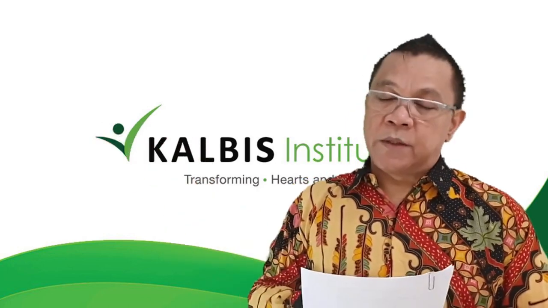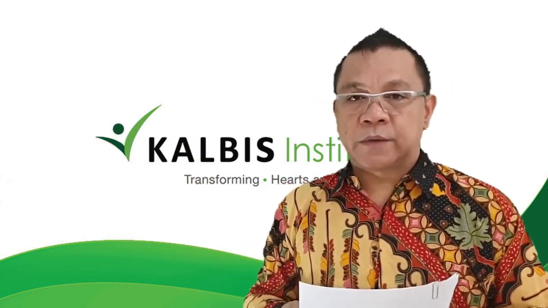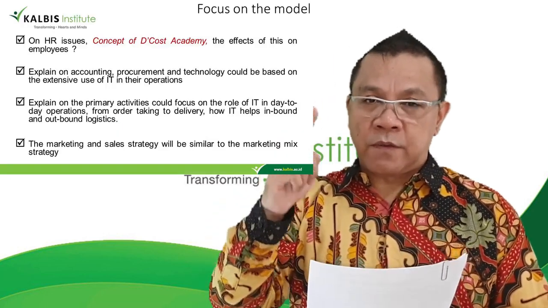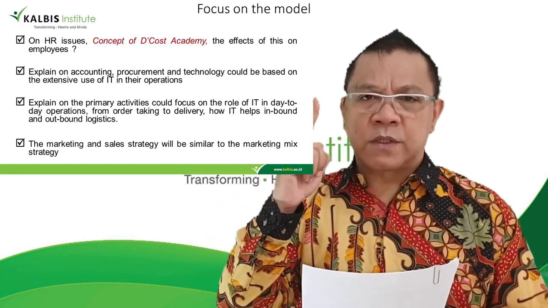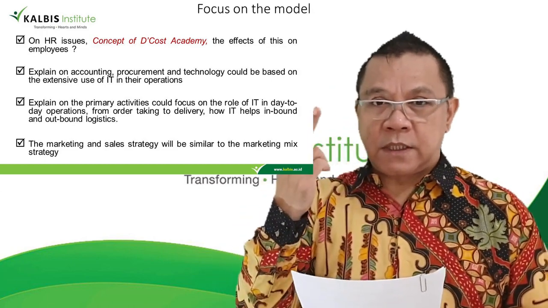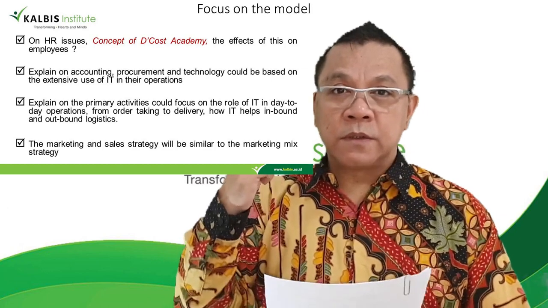Okay. In this case, of course, we will try to focus first on the SR issue, because they have a concept, the Cost Academy. So the point is, does this affect these employees or not?